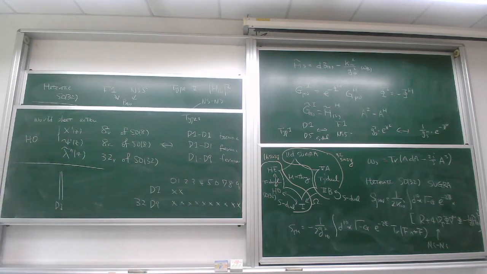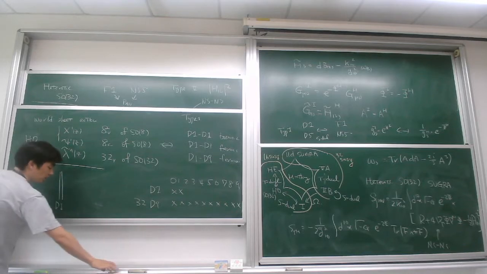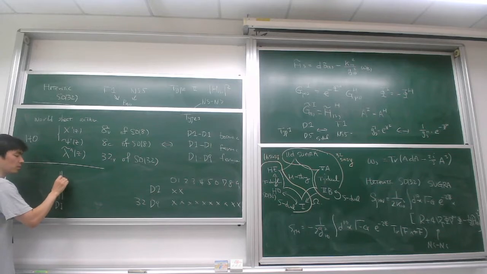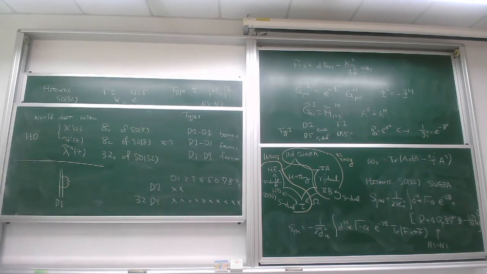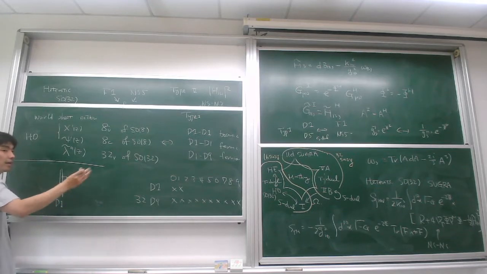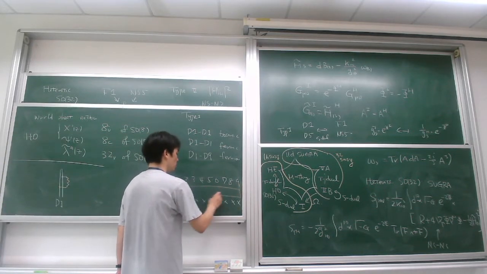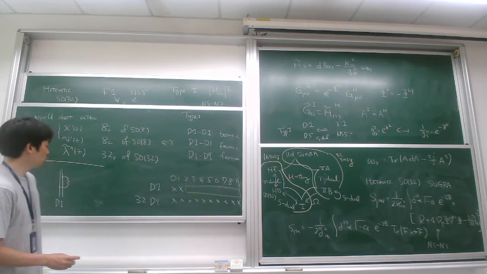The string can end on D1 brane. And then the string has fluctuation in the normal direction, which is 8-dimensional.